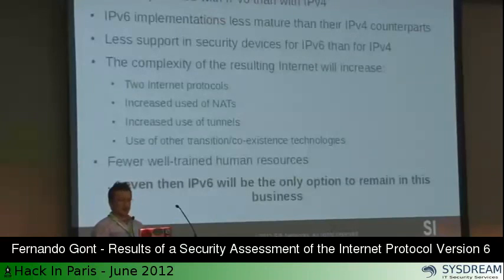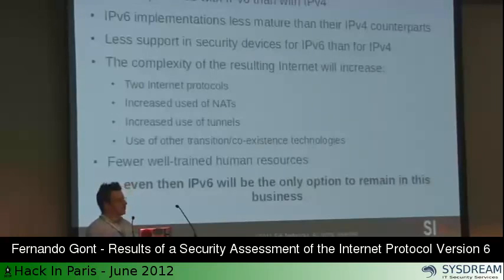Another aspect that is very important too is the security or the maturity of IPv6 implementations. If, for example, you take a look at the CERT/CC website and try to find vulnerability advisories for IPv4 and IPv6, probably you will find at least double the number of advisories for V4 than for V6, maybe even more.